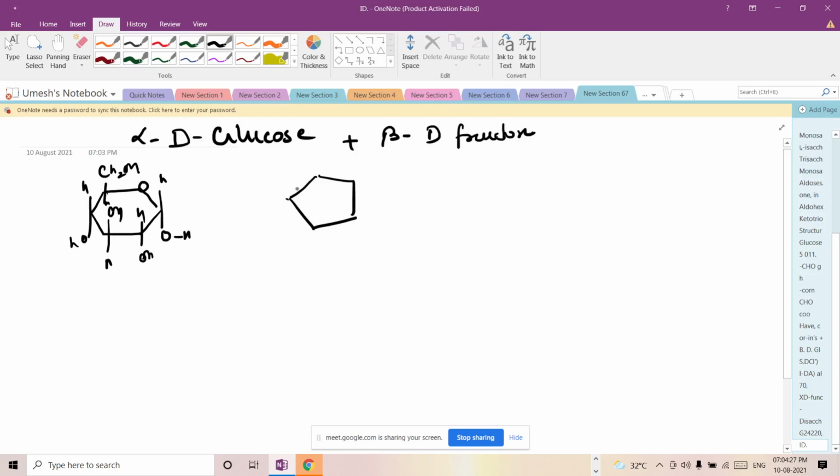It is like this now. It is a C1 here, CH2OH, OH down, H up, H up, and this is a CH2OH. From here the water goes out. And the two molecules are now joined with each other.